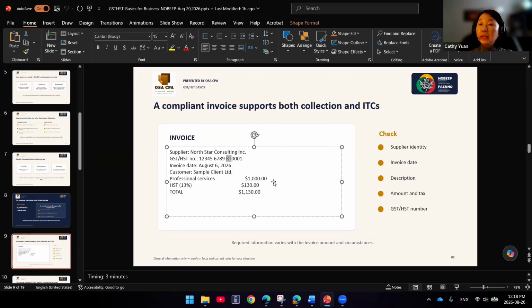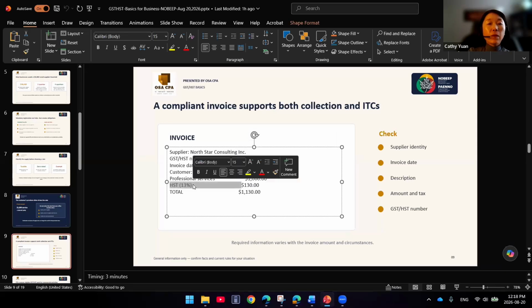If there is no such number, maybe they just charge you extra money and don't pay the tax. You can also see HST followed by the tax rate, maybe 13, 14, or 15, based on the operating province.